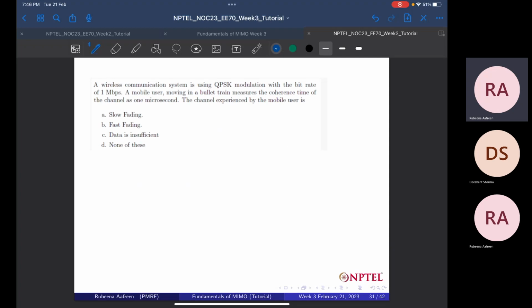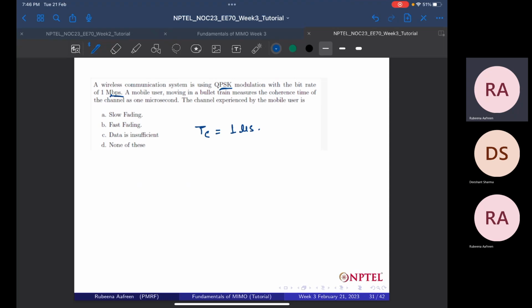In this question, a wireless system is using QPSK modulation, and the bitrate is given as 1 Mbps. And for this, the coherence time is given as 1 microsecond. And this is asking whether the channel experienced by the mobile user is slow fading or fast fading.